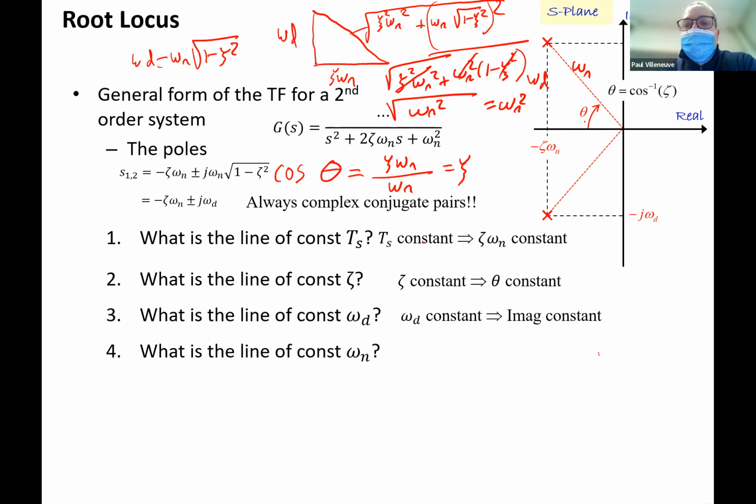That's why, if this angle is constant, that's how we end up with that term. So if we want a constant damping coefficient, then the inverse cosine of zeta is equal to theta. If this is a constant number, then theta is also going to be constant.